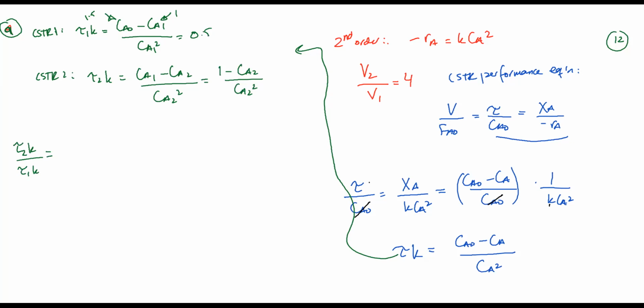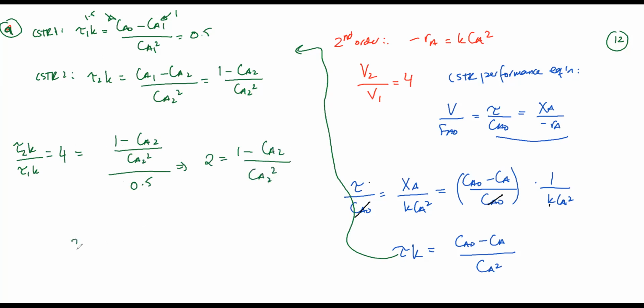Yeah, V2 over V1 is equal to 4. So tau 2 K over tau 1 K is equal to 4, and this is equal to 1 minus CA2 divided by CA2 squared, divided by tau 1 K, which is 0.5. I cross multiply, so I'm going to get 2 is equal to 1 minus CA2 over CA2 squared.